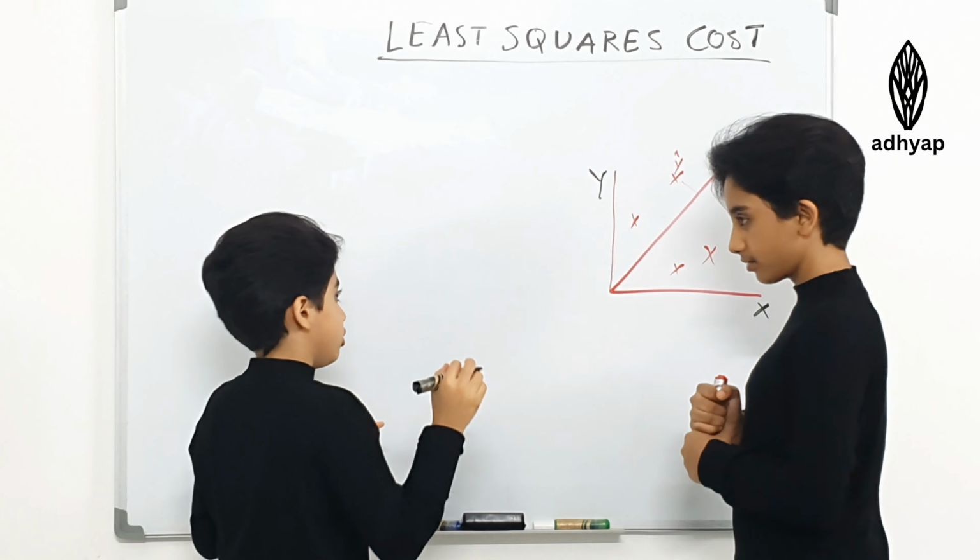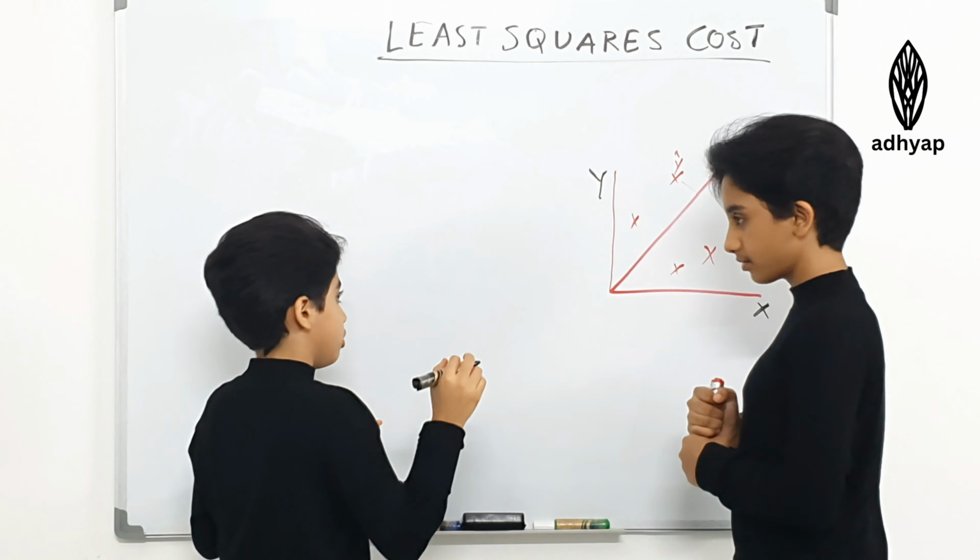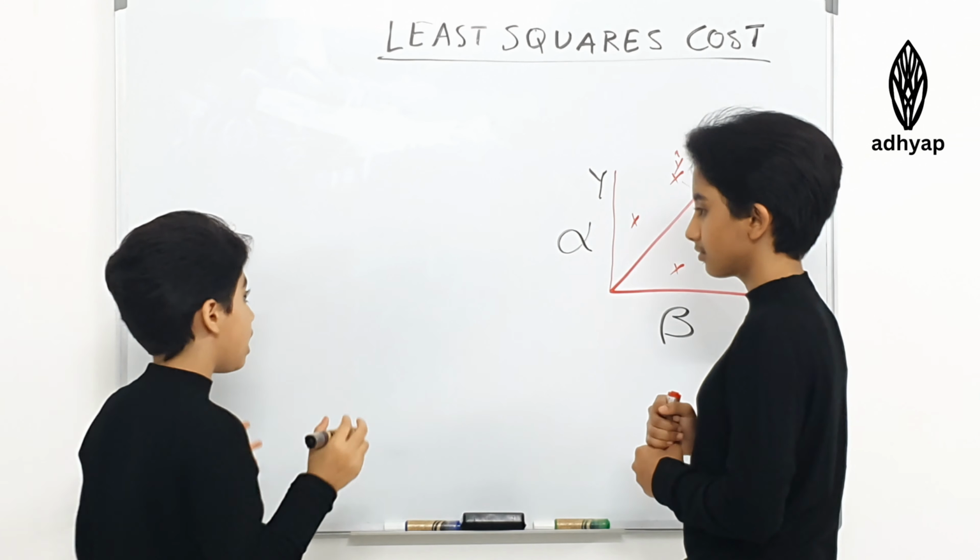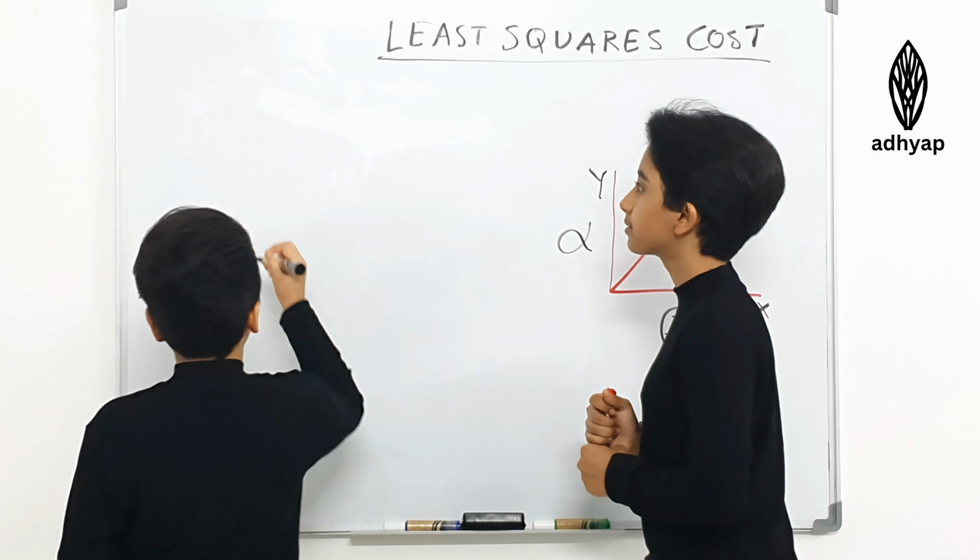This is why we also use the Greek letter alpha to represent the coordinate y and the Greek letter beta to represent x. So these are some basic things you need to know. Now I'll move on to the equations.